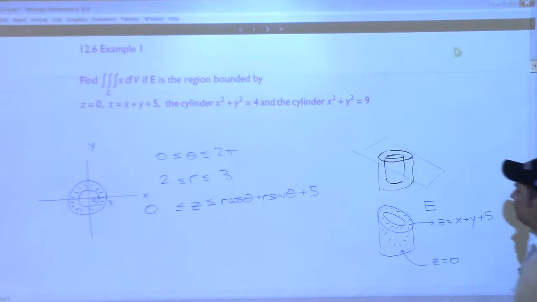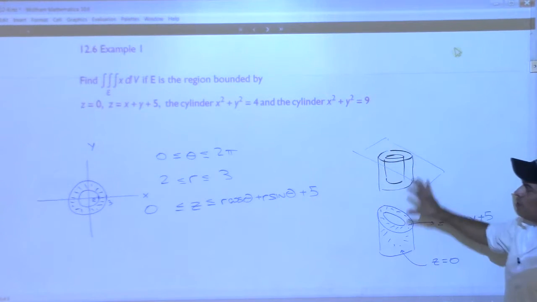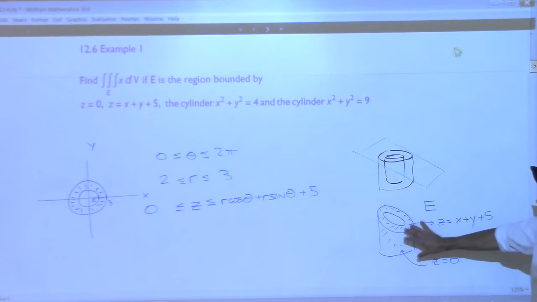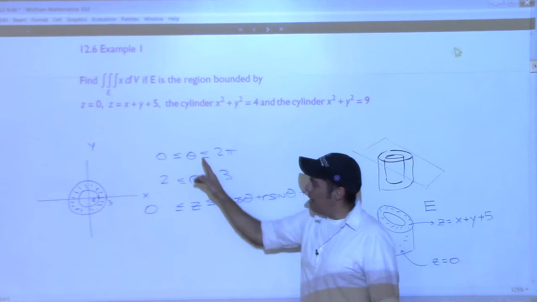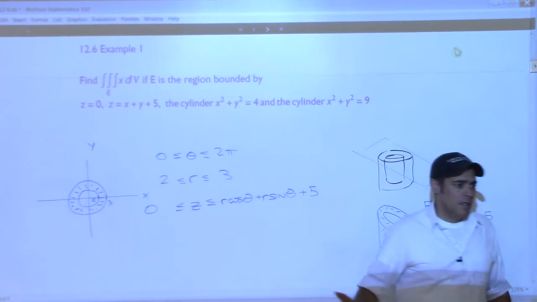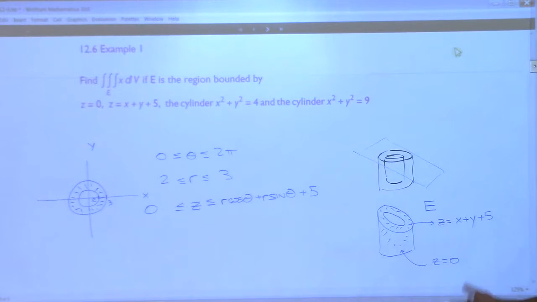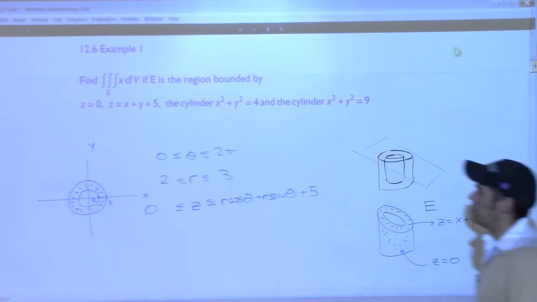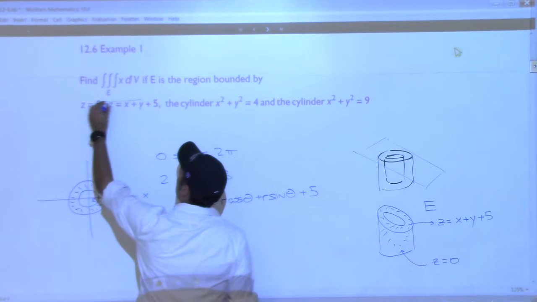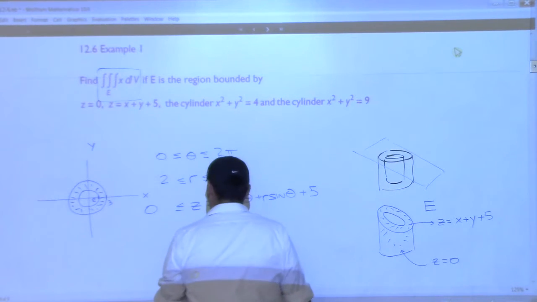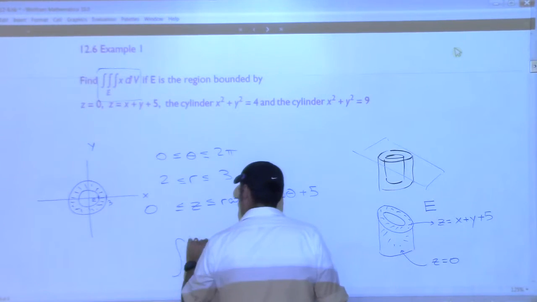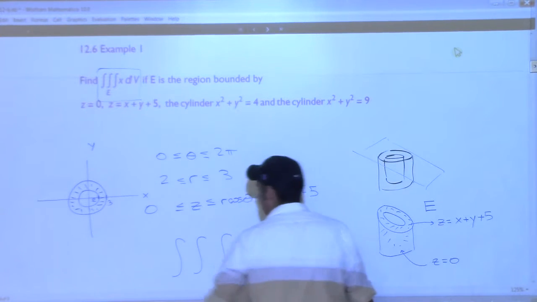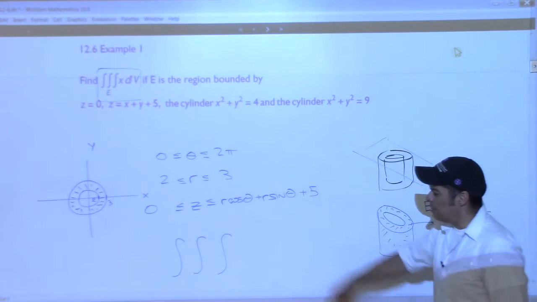So we've established what the region of integration looks like. We have defined that region of integration by setting up the bounds on theta, r, and z. And now we need to actually set up the triple integral. So we're trying to do this triple integral right here. So I start writing it down. I'm going to go 1, 2, 3. Okay. We'll put the limits of integration on that in a second.